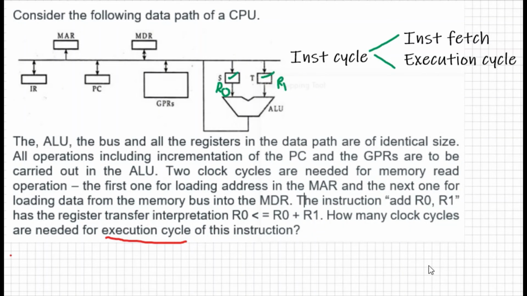So how much time will it take? Suppose we are transferring R0 into S. It will take one cycle.